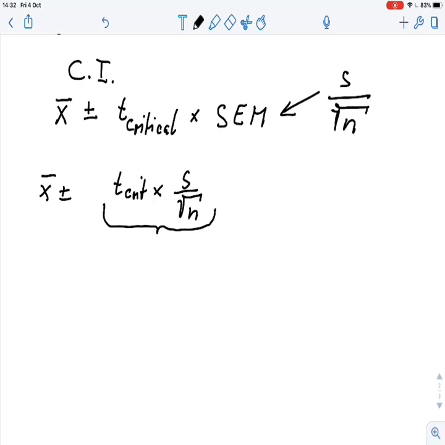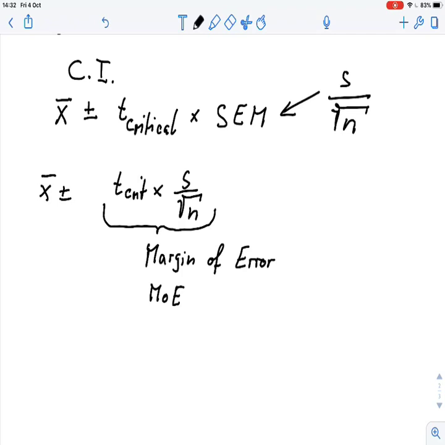Everything in life has to have a name, and this is referred to as the margin of error. Or simply abbreviated, very imaginative, MOE. Please don't try to sell it to me as MOD.